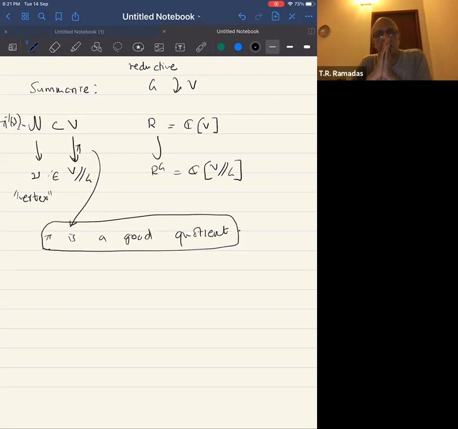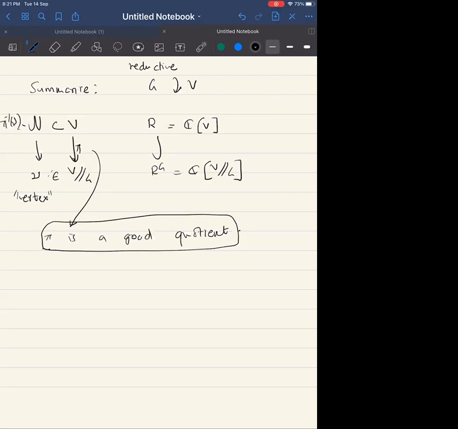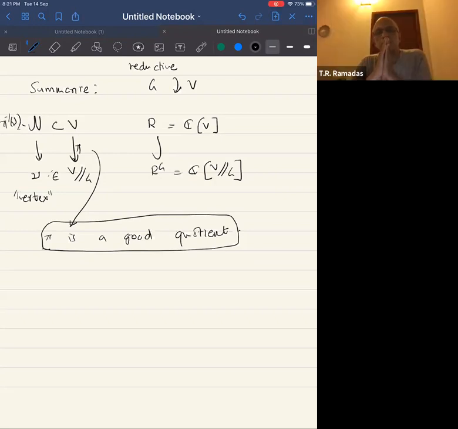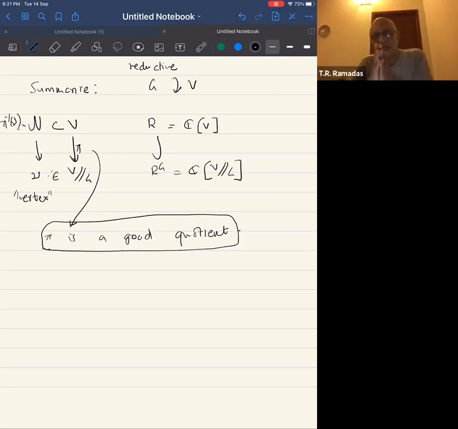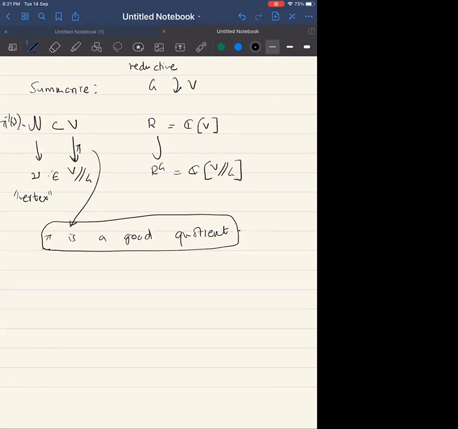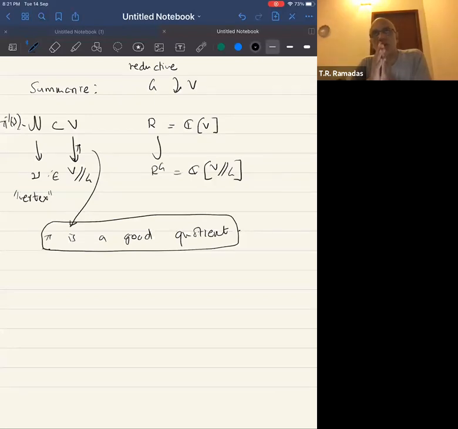So this is what I call RG greater than 0. RG is all invariant polynomial functions. RG greater than 0 is invariant polynomial functions vanishing at the origin of V. And now there might be other points of V where all such invariant polynomial functions vanish, and this corresponds to points on the null cone.